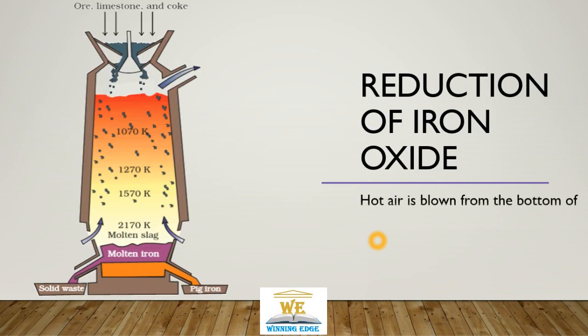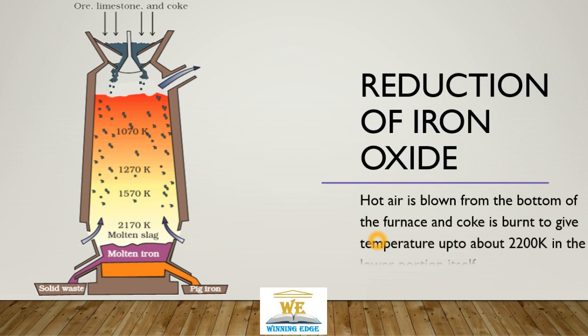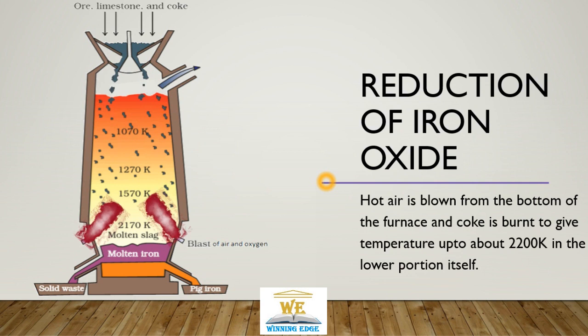Similarly, for reduction of iron oxide, hot air is blown from the bottom of the furnace and coke is burned to give a 2200 Kelvin temperature in the lower portion of the furnace. We feed ore, limestone and coke from the top. Gases escape from it. Hot air is fed from the bottom. As the coke burns, it heats up the upper portions.